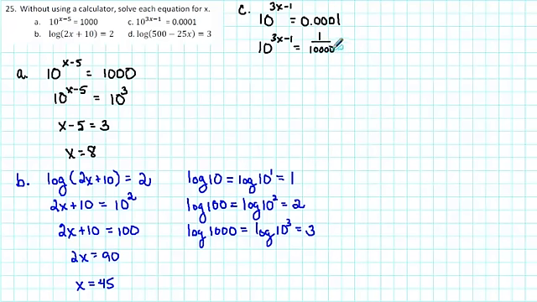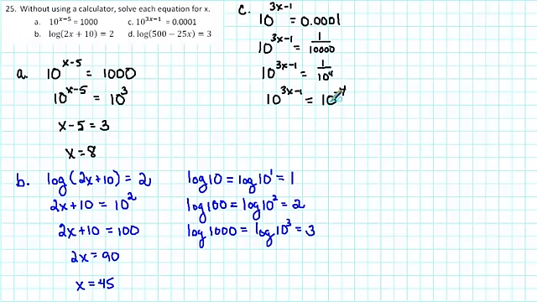But 10,000 is 10 multiplied by itself 4 times, or 10 to the 4th. So we have 10 to the 3x minus 1 is equal to 1 over 10 to the 4th. But 1 over 10 to the 4th is the same as 10 to the negative 4 power. So we have 10 to the 3x minus 1 is equal to 10 to the negative 4.